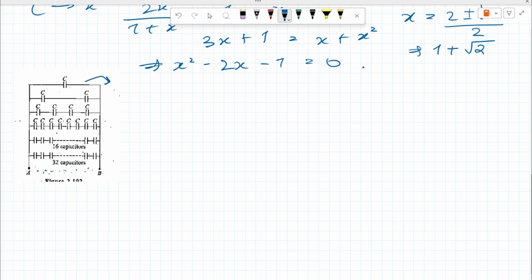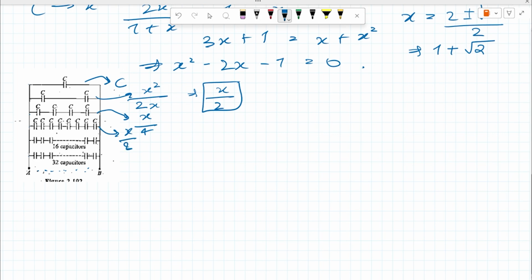The first branch has the capacitance C. Now let's calculate for the second branch. This branch has the capacitance equal to x squared upon 2x, which translates to x by 2. Then the next branch has capacitance equal to x by 4, then x by 8, and so on.